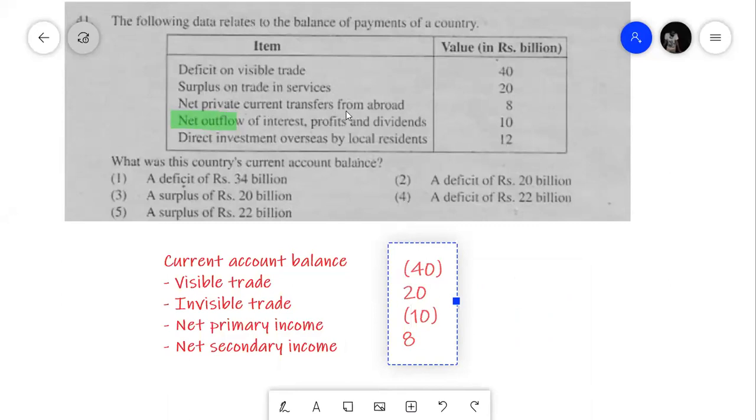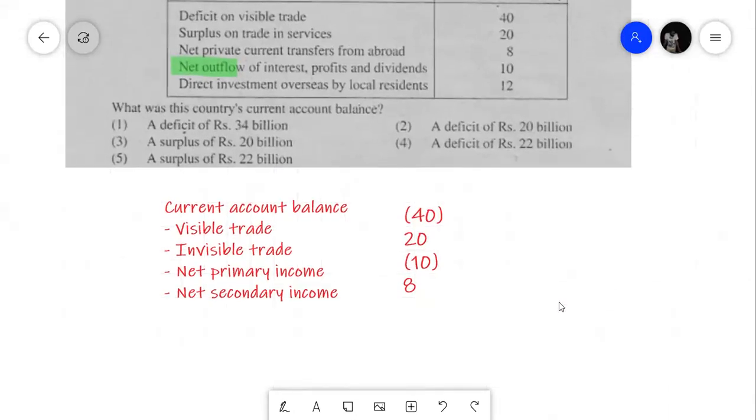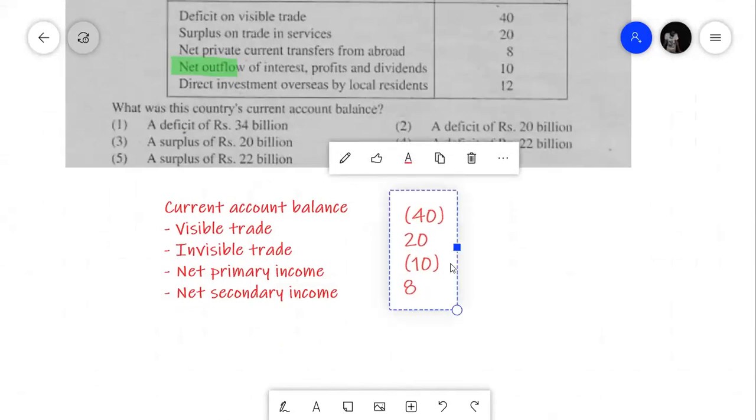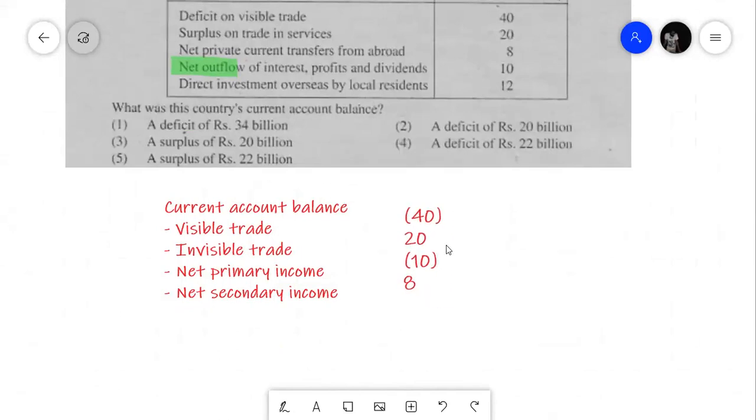Net private transfer, they have not said outflow, so that's a positive number. Net outflow of interest, profit, dividends means it's a minus. And direct investment doesn't come in your current account. That goes to your financial account. It is just given to confuse you, to see if you actually take that number.